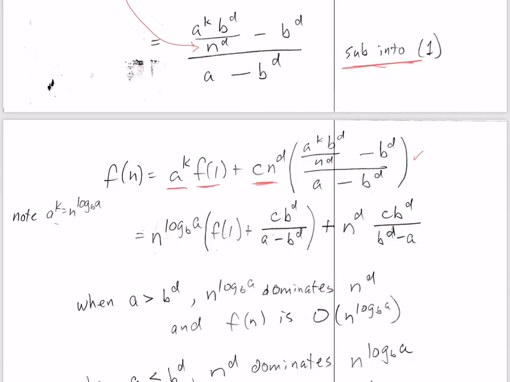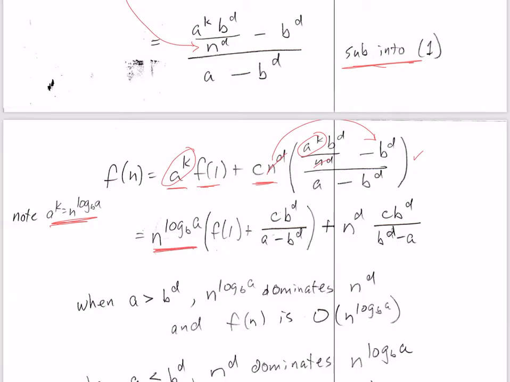And now I'll multiply through. Note I have a to the k in two places, so we'll want to combine terms there. This n to the d will cancel that n to the d, but it will get multiplied over here like that. So combining, and also remember that a to the k is equal to n to the log base b of a.